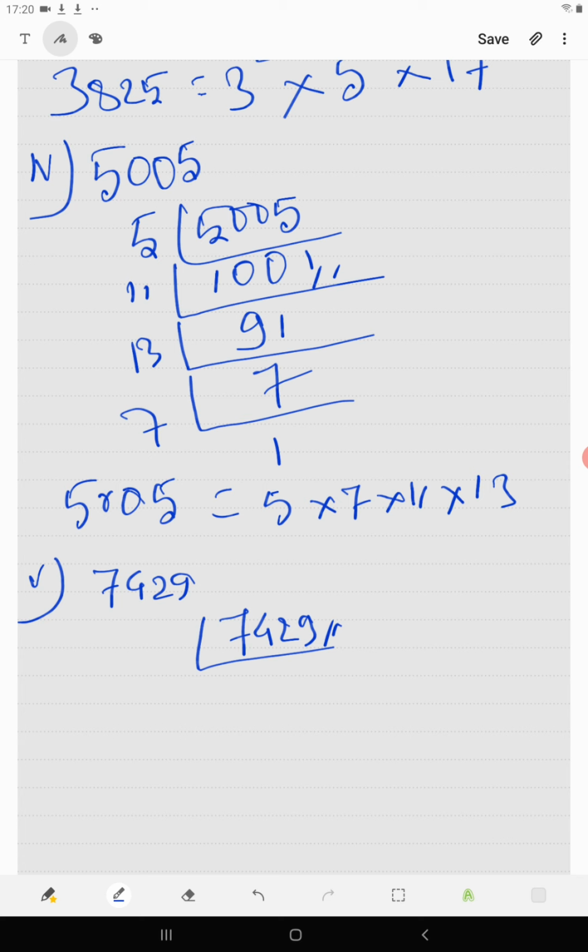What is the next number I should take? Let's take 13. It didn't go. So now try with 7. 7 is not going. So try 17. 17 times 4 is 68, 17 times 3 is 51, then 119.